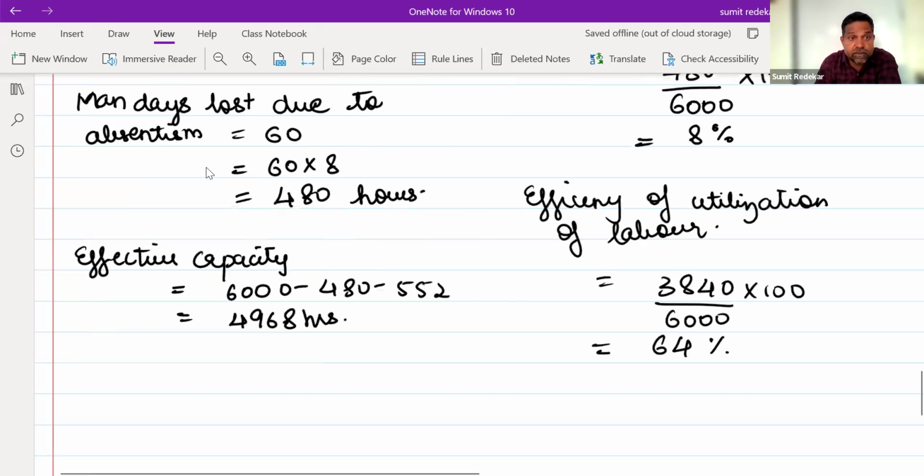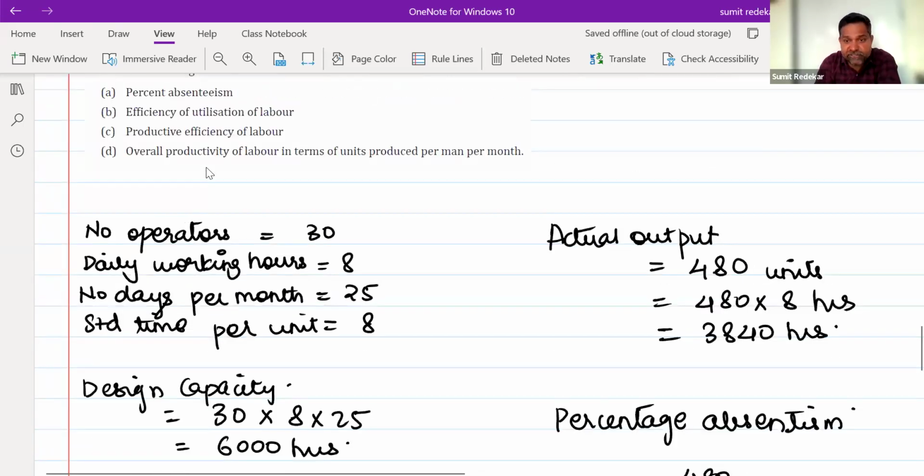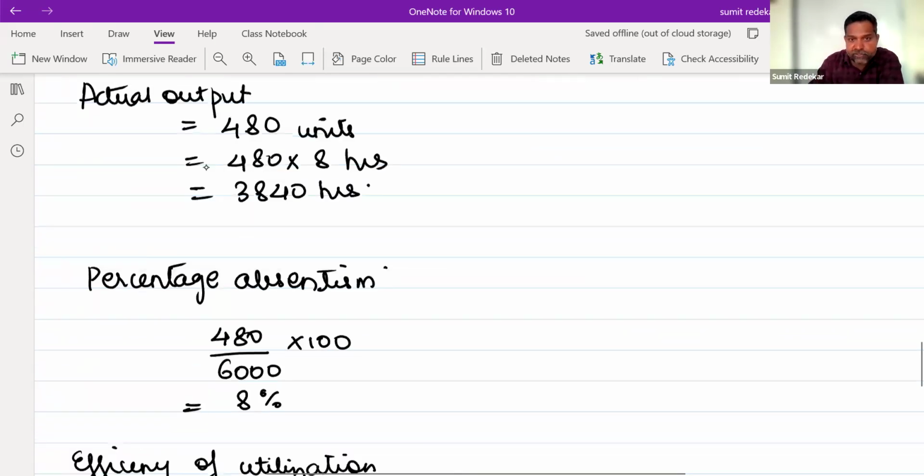And what do we talk about next? The productive efficiency of labor. How productive is your labor?